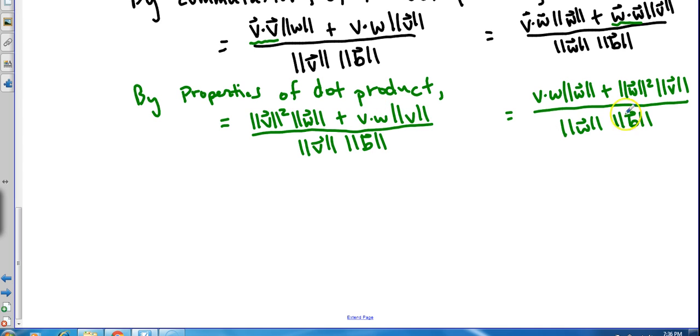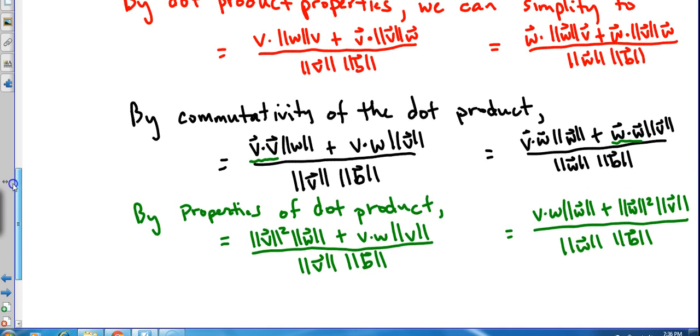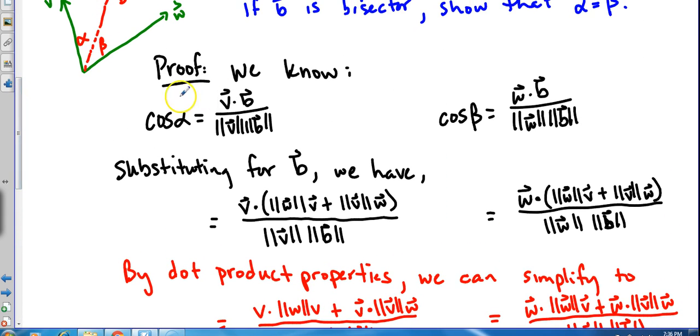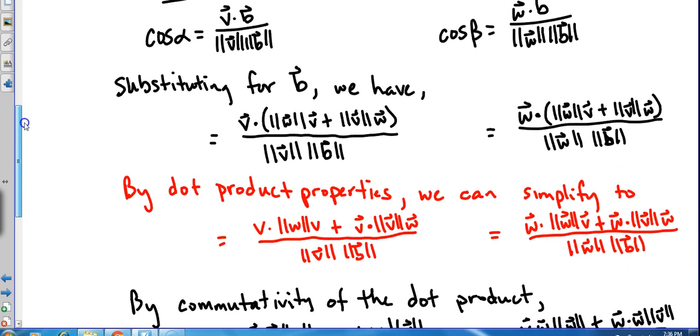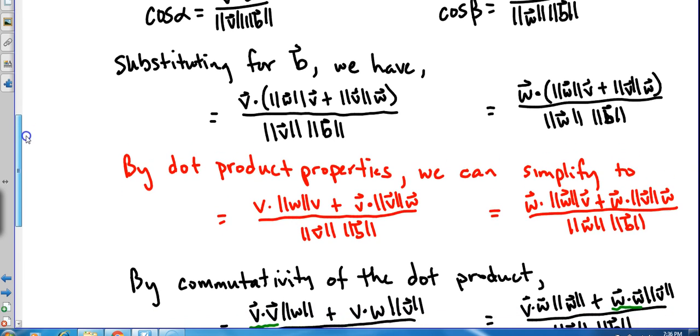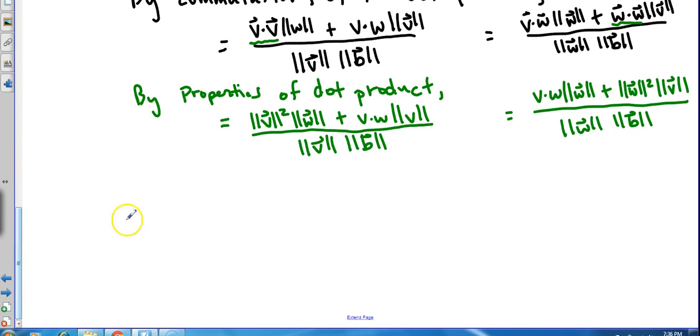Over here, remember this was the cosine of beta. And if we simplify that, we already crossed our stuff off here. We've got v dot w plus the magnitude of w times the magnitude of v, all that over the magnitude of vector b. So ultimately, if we look at these two expressions, because addition is commutative, we can just switch the order. And so what we've got is two equivalent expressions.